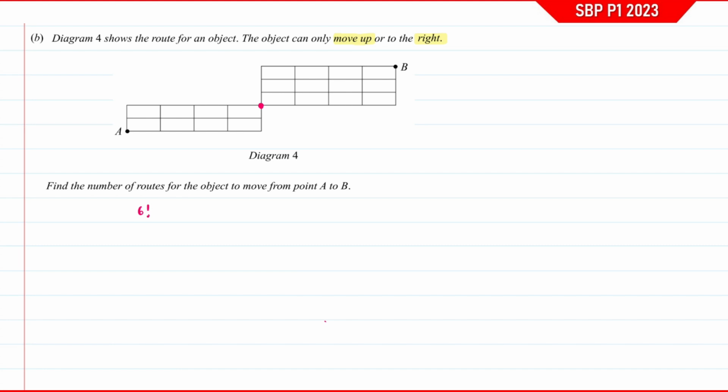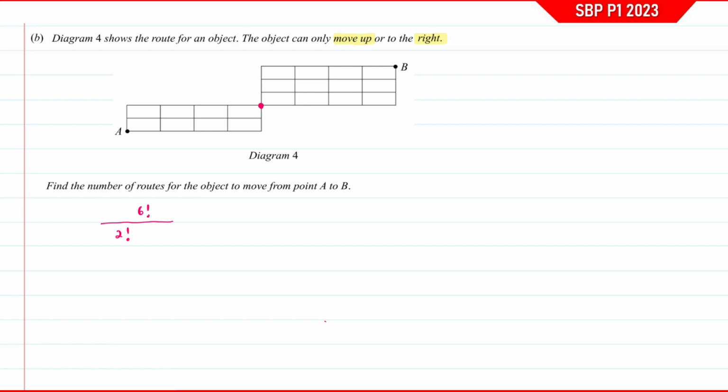But for the movements going up, no matter which route you choose, you're always going to move up 2 places. For example, like this or like this. These two movements will be considered identical as you are moving up 2 places. Therefore, we divide this 6 factorial by 2 factorial for the object moving up. The same concept applies when the object moves to the right.